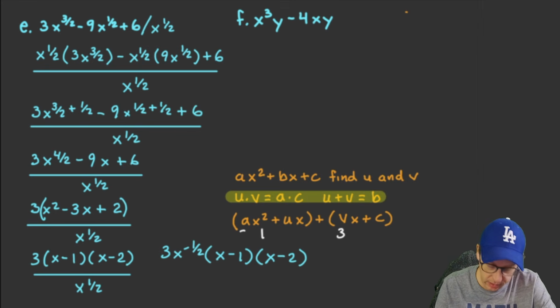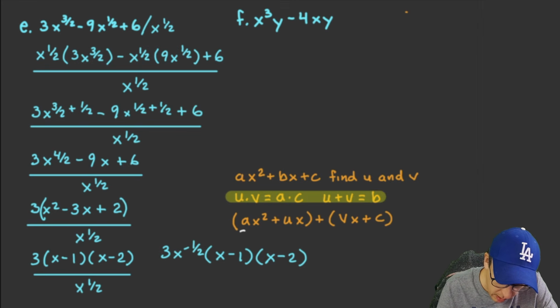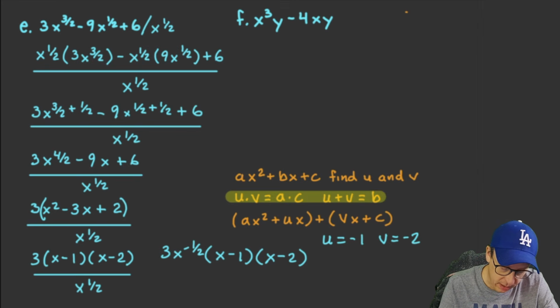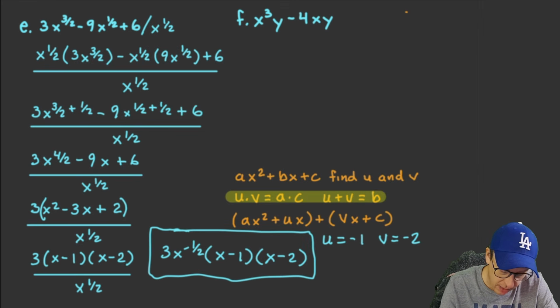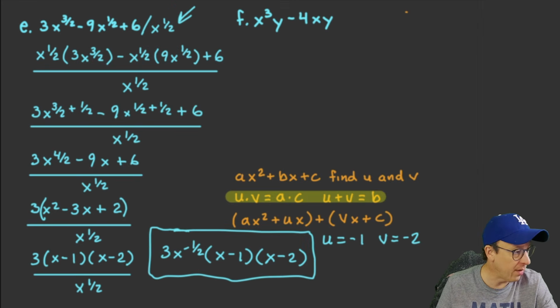And the reason, of course, is because if we work out these different values, the u value is going to be equal to -1, and the v value is going to be equal to -2. And this is the simplified version of this rather complex formula that we have right here.